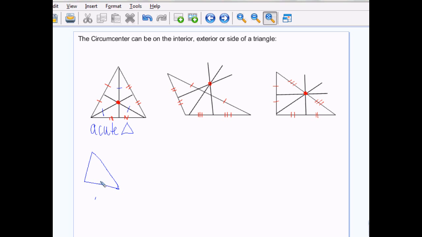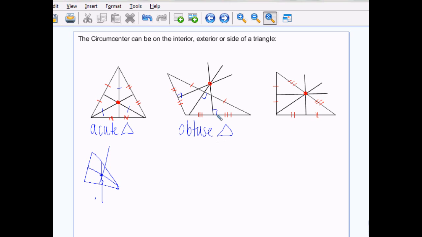The perpendicular bisector goes here, let's say, and here, and I don't know, like here or something. So we're not going through the vertices, but the circumcenter will still be inside. And then the distances between here and the vertices will be the same. If you're obtuse, okay, these are the bisectors.